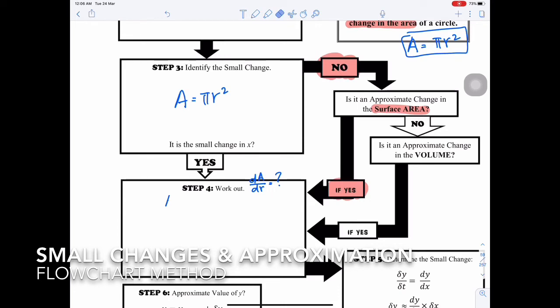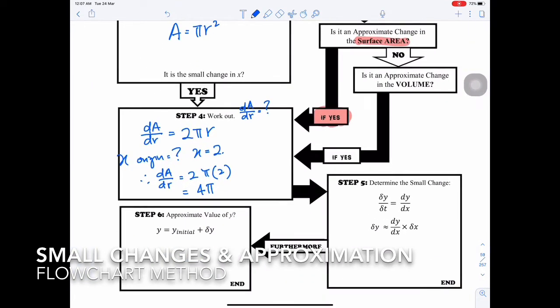Therefore dA/dr, differentiating A with respect to r, equals 2 pi r. And what is the original value of r? r equals 2, therefore the value of dA/dr equals 2 pi times 2 equals 4 pi. And leave the answer in terms of pi.